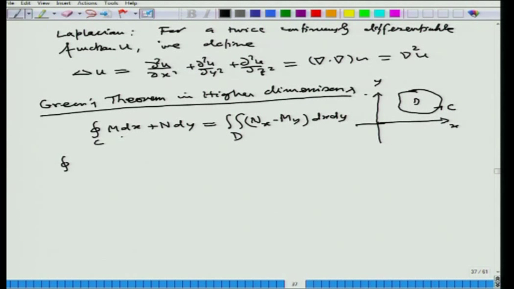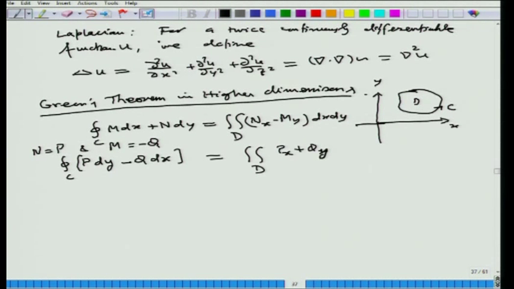If we take n equal to p and m equal to minus q, then we get p dy minus q dx, and this line integral will be equal to the double integral over D of p x plus q y dx dy.